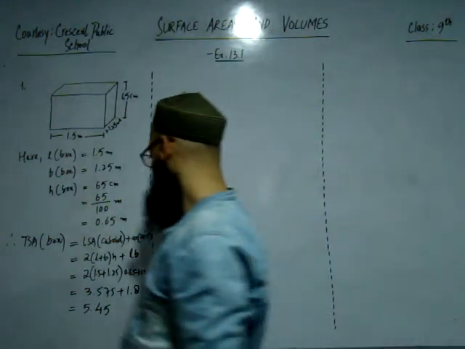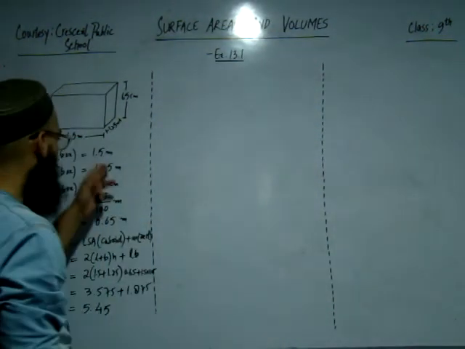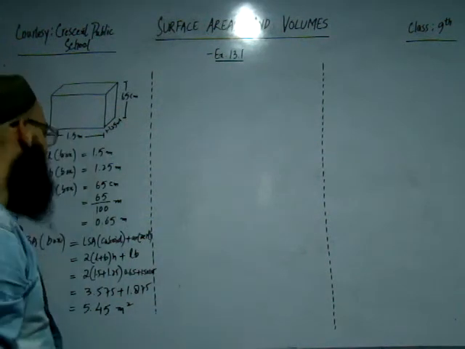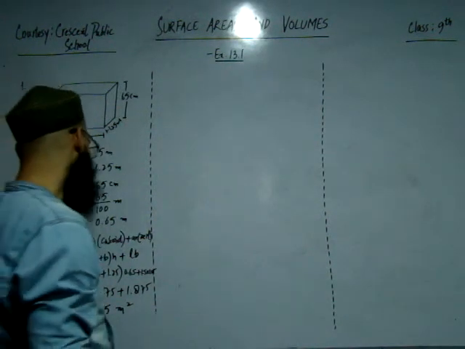So you got it? It's 5.45 and our units are square meter. So that's the total surface area of the box.